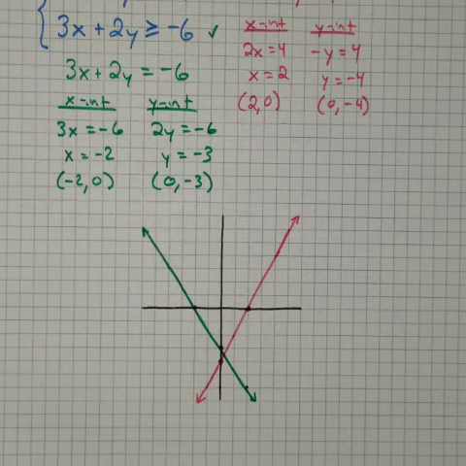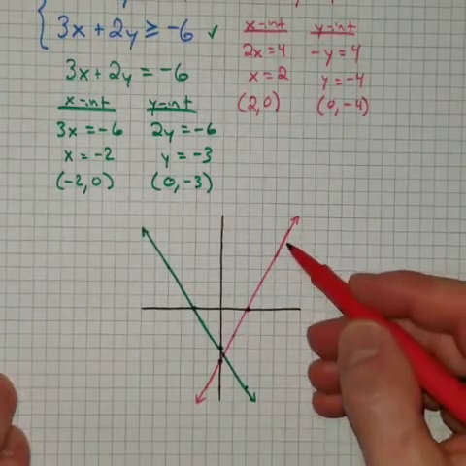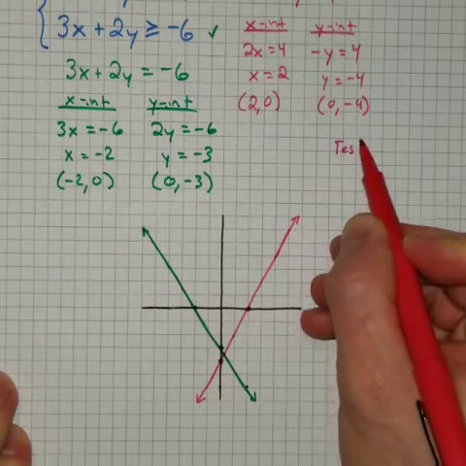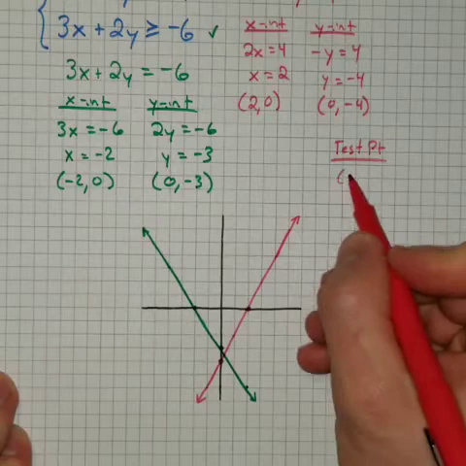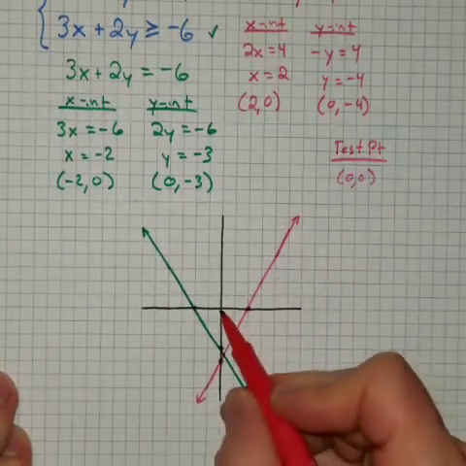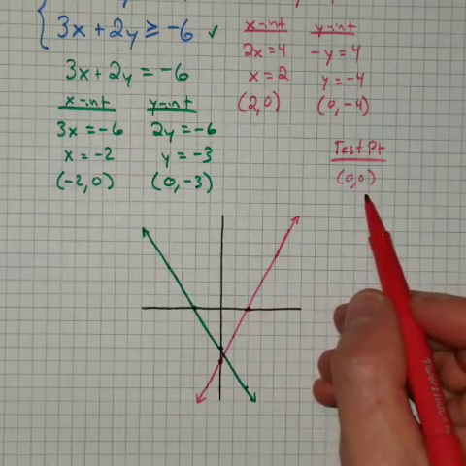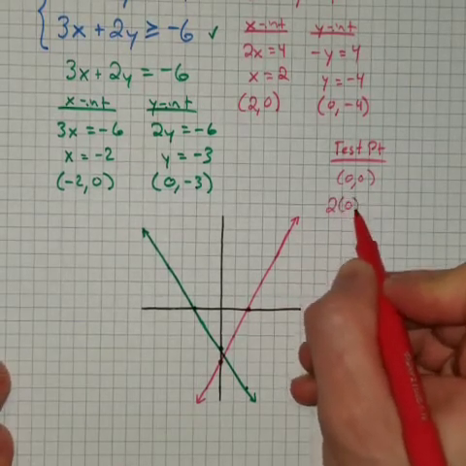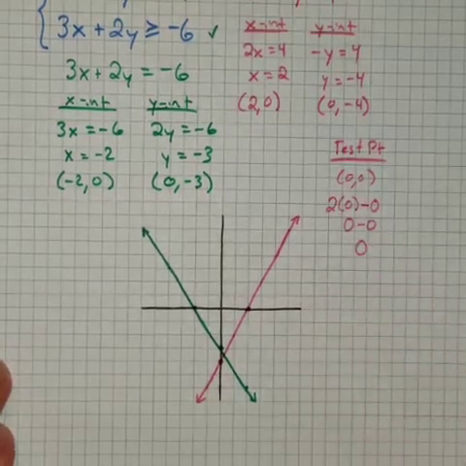Now, with the red graph, let's just take that one for instance. I want to do a test point. The test point is going to be (0, 0), because neither graph goes through (0, 0), so we're okay there. If I plug in a 0, that's 2 times 0 minus 0, which is obviously just 0.